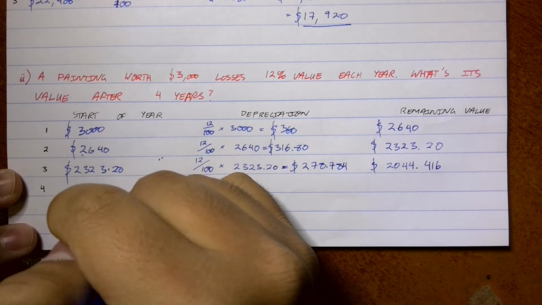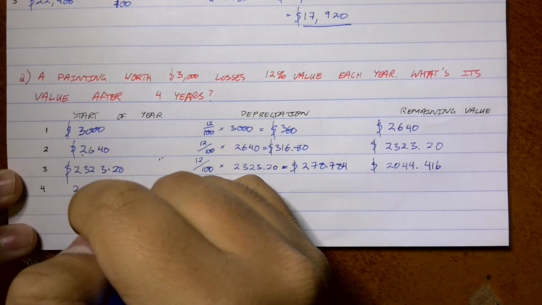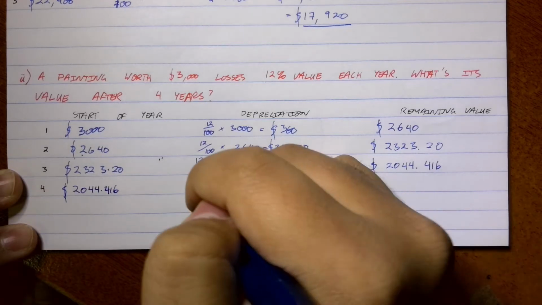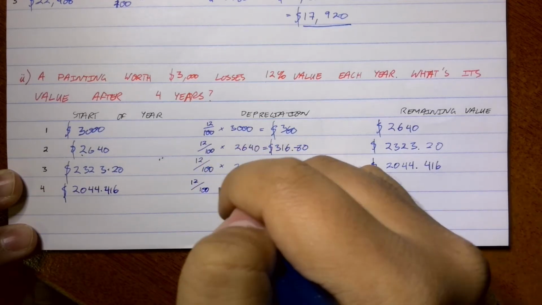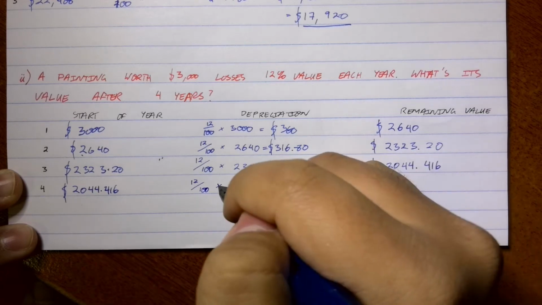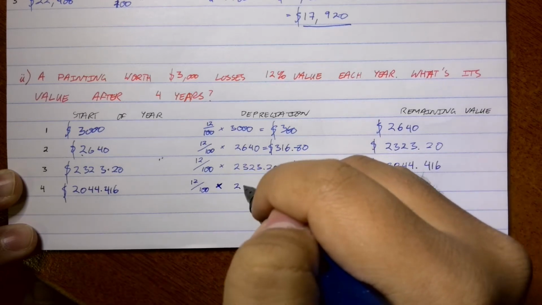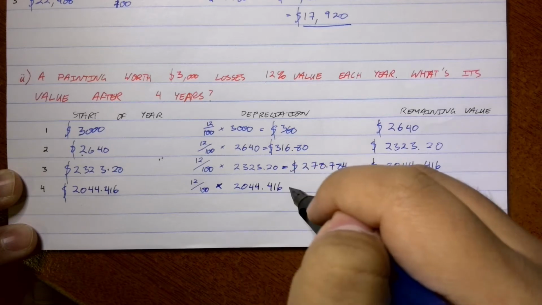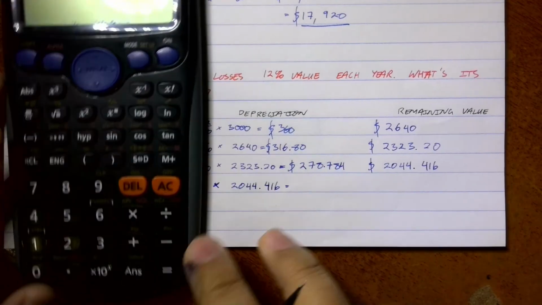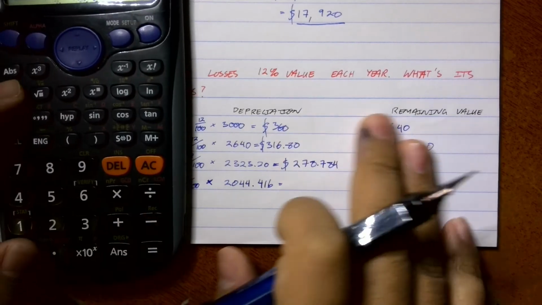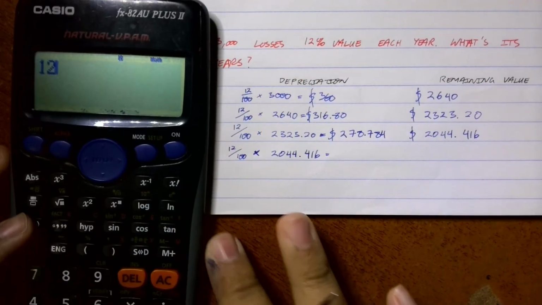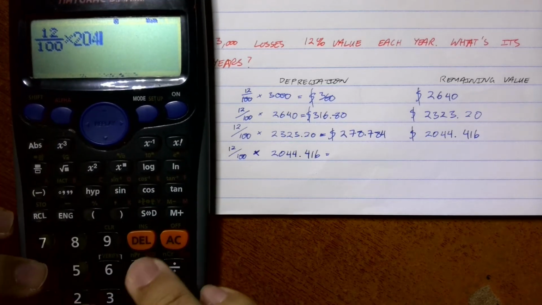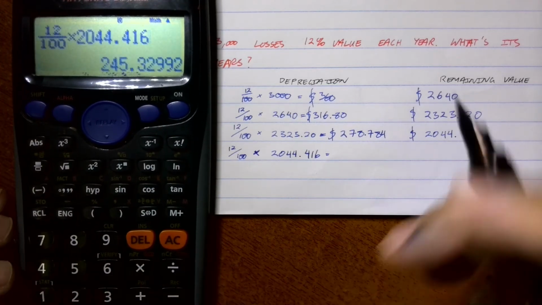And lastly, for this last year, with 2,044.416, we need to find 12% of the current amount. 12 over 100 times 2,044.416.